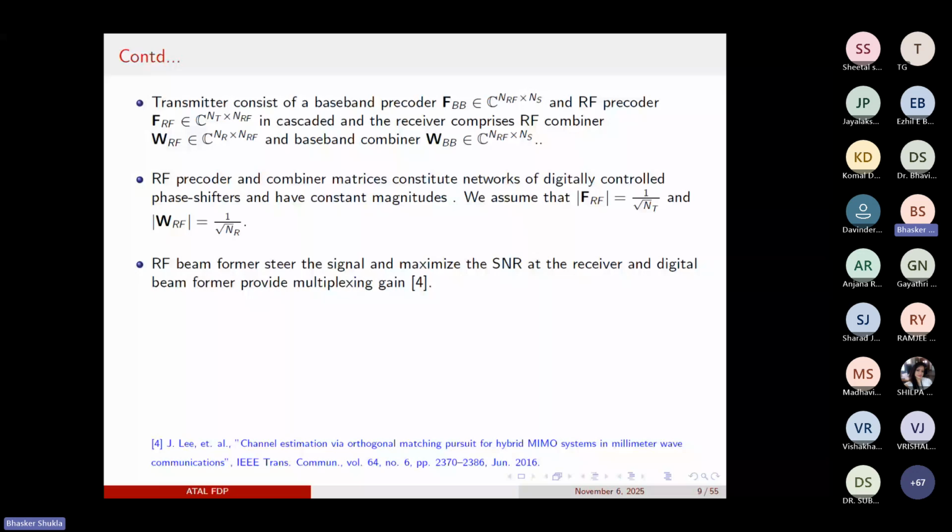And here we assume that the precoder and combiner matrices consist of digitally controlled phase shifters. And basically the RF beamformer steers the signal to maximize the SNR at the receiver.